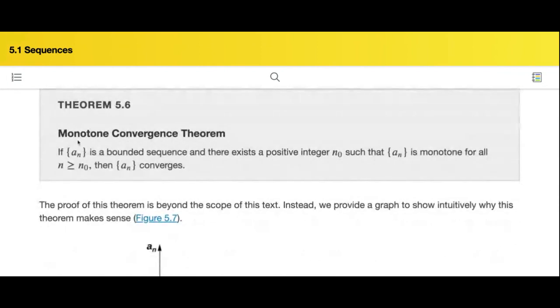Okay, let's see this. Monotone convergence theorem: if a sequence is a bounded sequence, remember, it has a lower bound and an upper bound, and there exists a positive integer n naught such that the sequence is monotone for all n beyond it, ignoring certain terms, then the sequence converges.